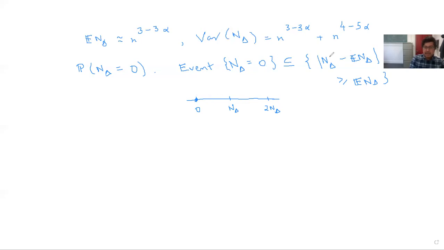And that's contained in the event that the number of triangles either lies in this set, minus infinity to 0, or twice the mean to infinity.